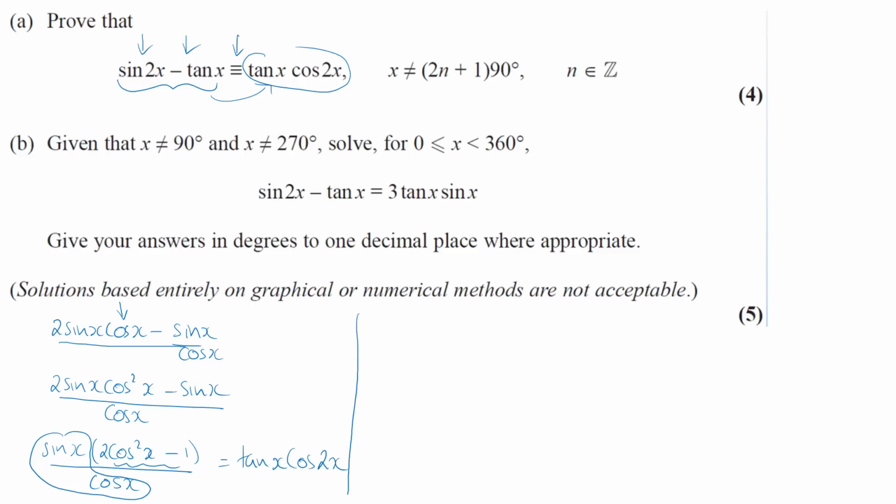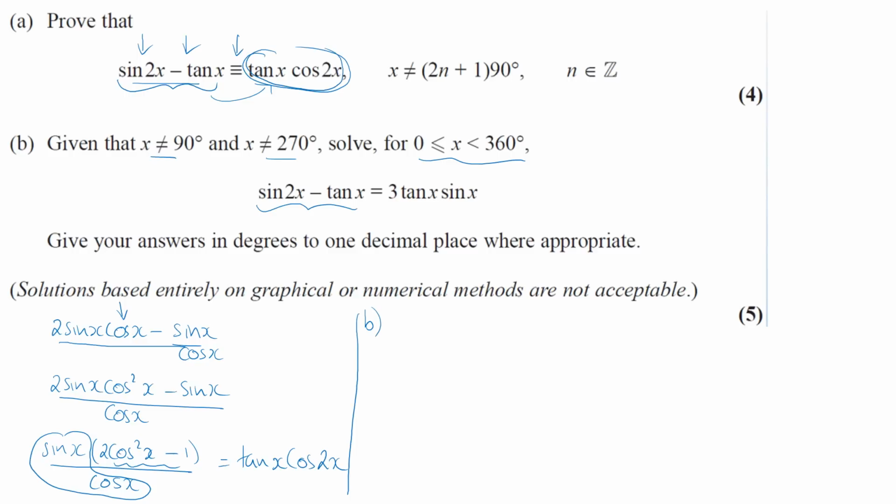So that's part A. Part B, it says, given that x can't equal 90 or 270, we've got to solve in this range. And we've got here the left-hand side that we've just been dealing with, and we know that that is equivalent to this right-hand side.